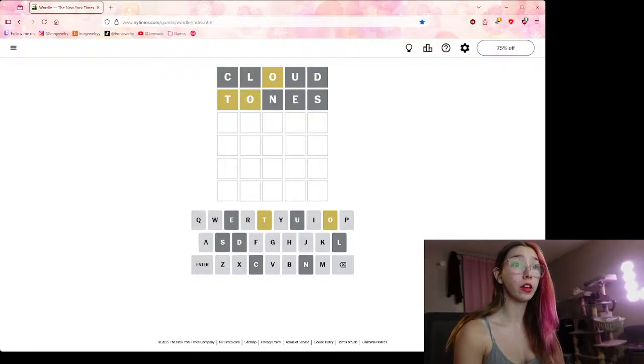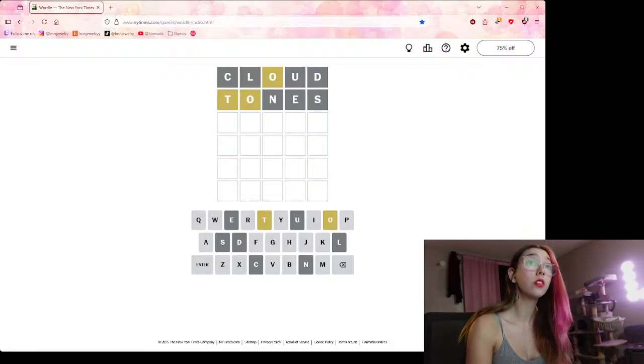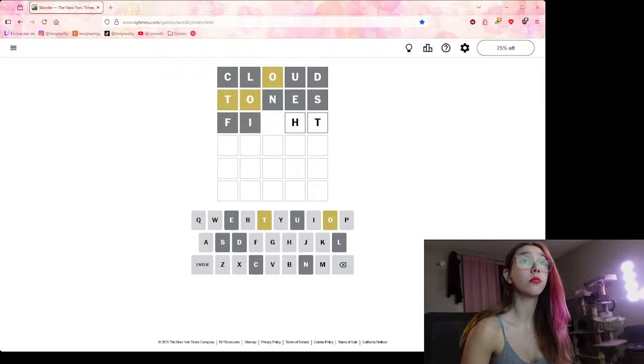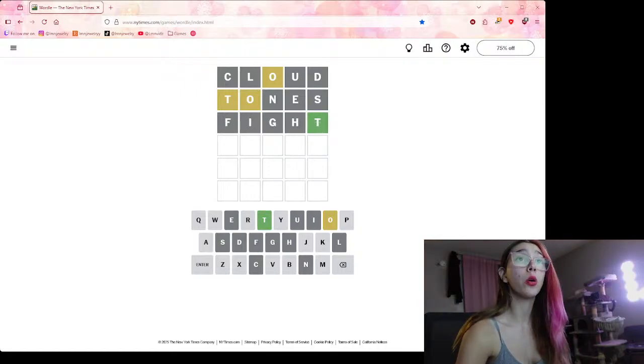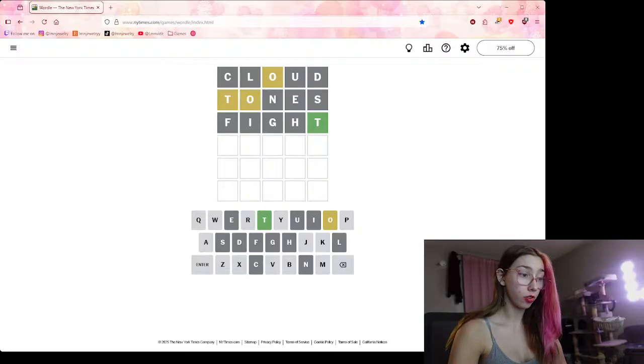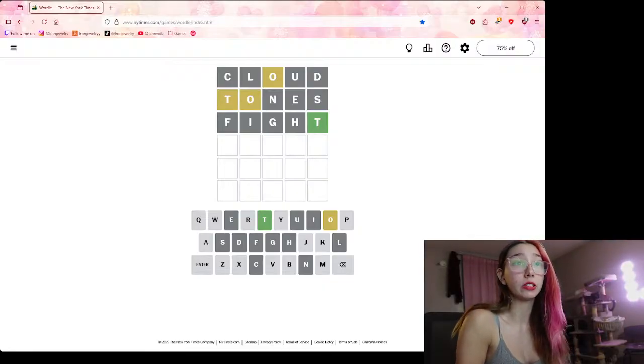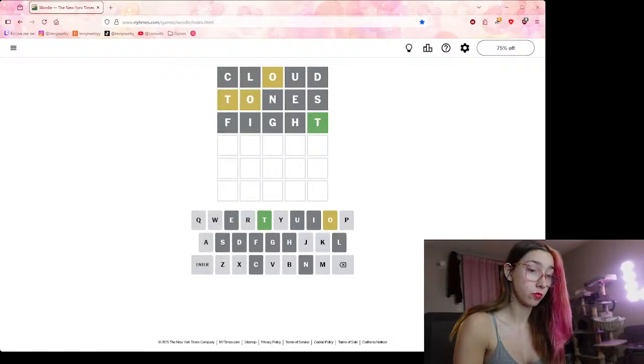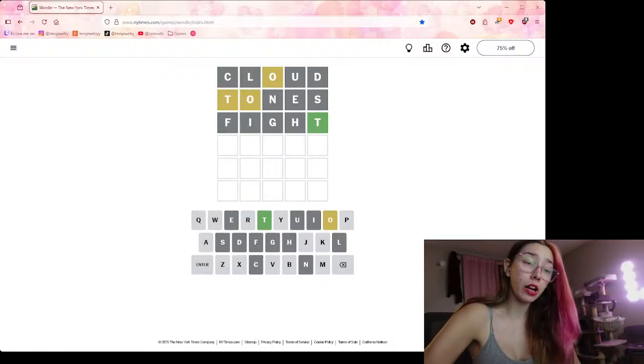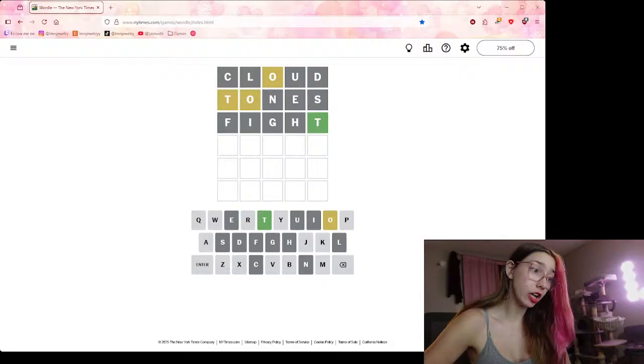Trying to think of what. Okay. So it does end in T. I did fight just to get rid of some letters. Alright. So we need a 5-letter word that ends in T and has an O, but O's not the second or third letter.